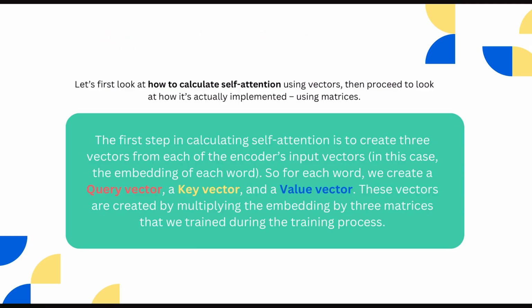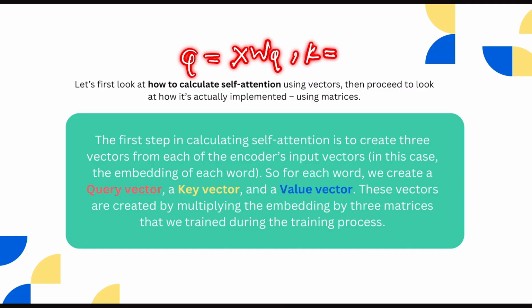These vectors are derived by multiplying the word's embedding vector. So that means we take this word "cat" and convert it into an embedding vector through a different algorithm, not part of the transformer. We then multiply the word's embedding vector with three separate weight matrices that are learned during training. This can be represented, as we'll see in the next slide, where Q is calculated by multiplying the embedding vector by its weight matrix.